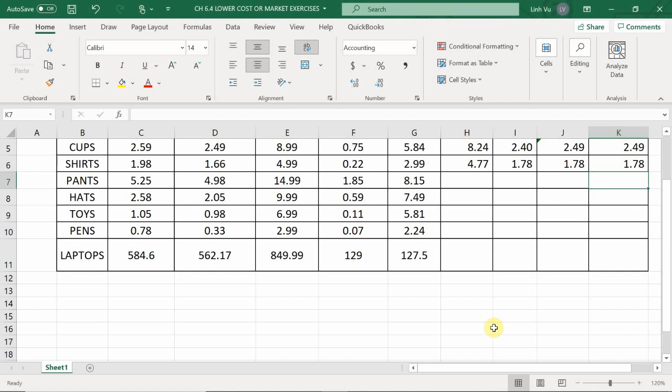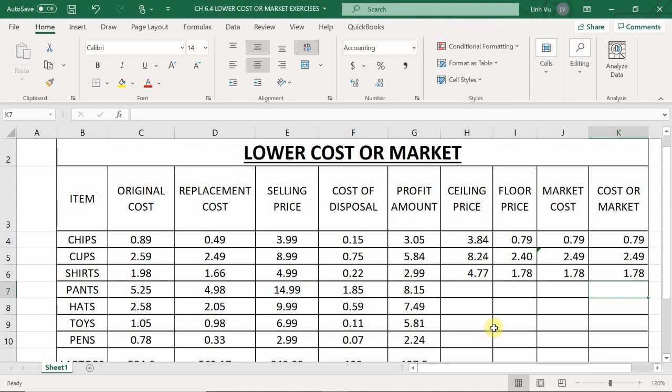One question: why is your original cost sometimes lower than the market price? It could be sometimes just depending on when you complete your inventory adjustments, right? So in this case, a lot of these items, with food, for example, will always be adjusted pretty easily because food has expiration dates. Clothing, right?